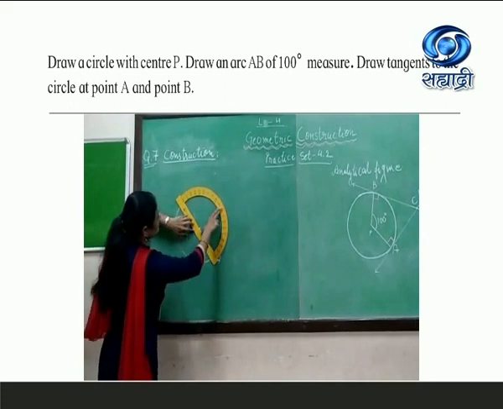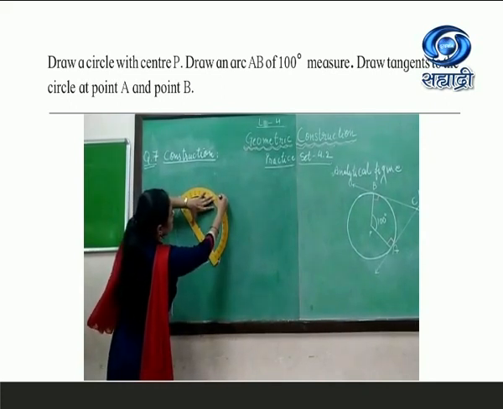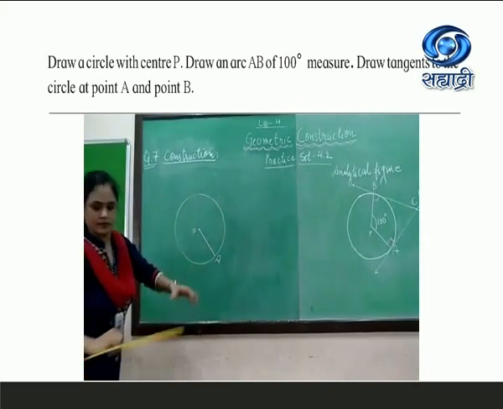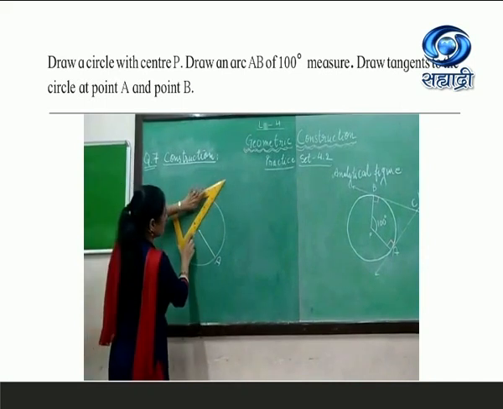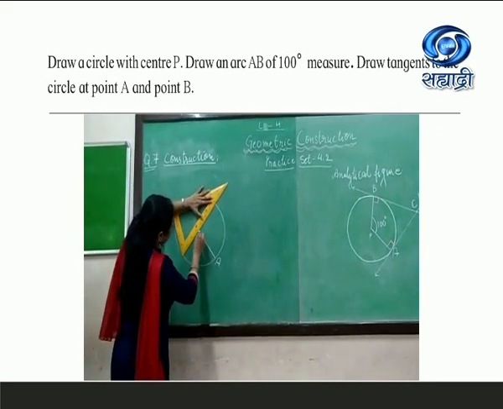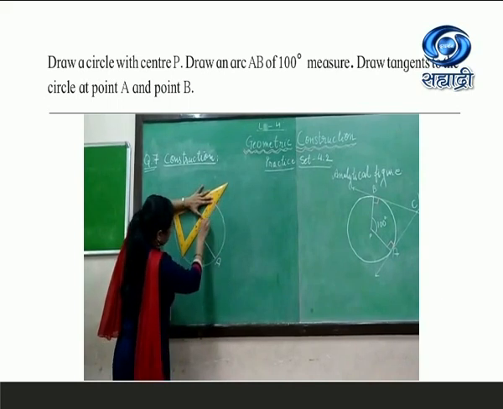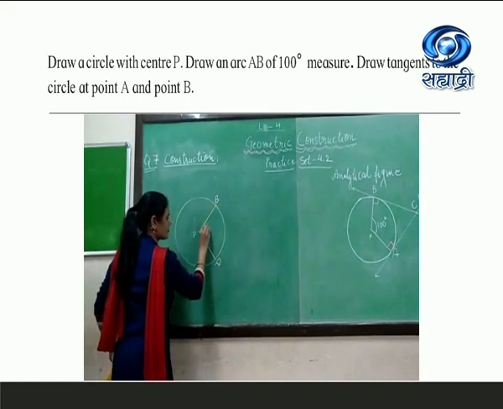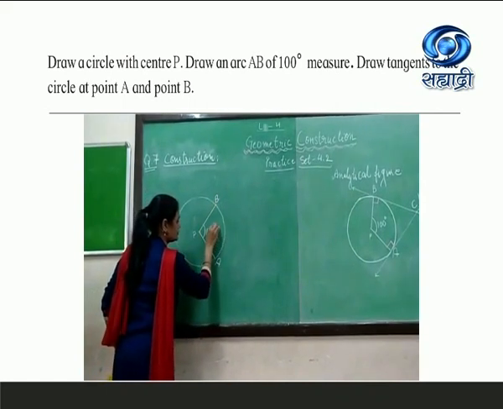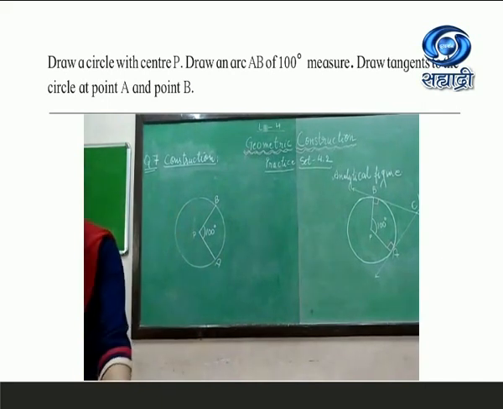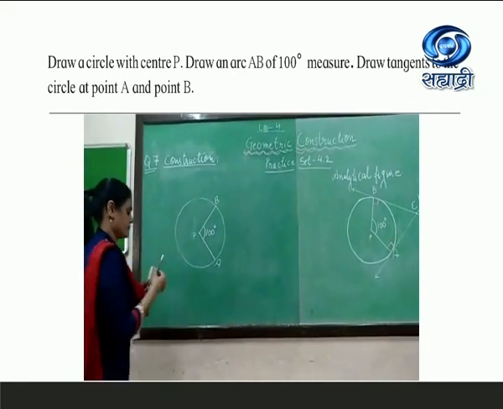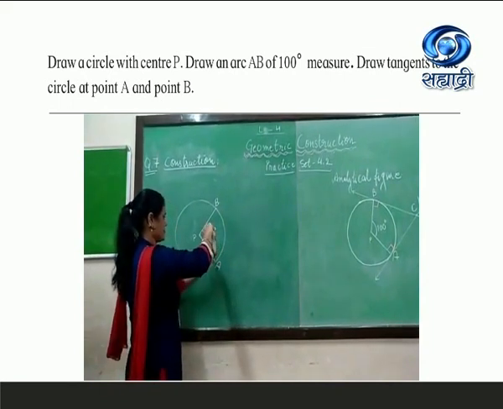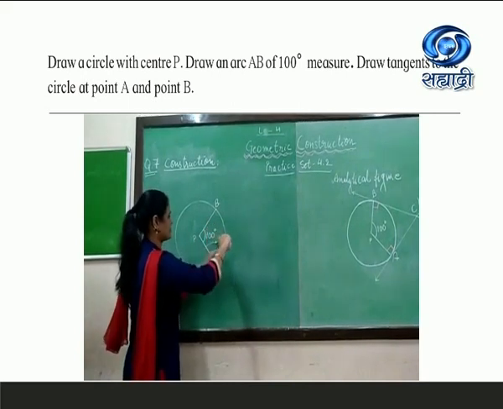Here, after drawing a circle with center P, draw one radius, give the name PA as the radius. Now, measuring that central angle as 100, draw PB. Then again you can make use of the first construction, considering the center of the circle and drawing a tangent to the circle, or this is one more method which you can use.